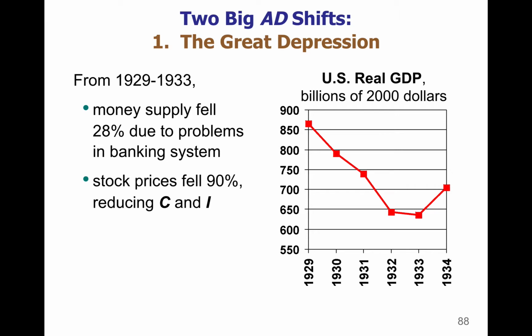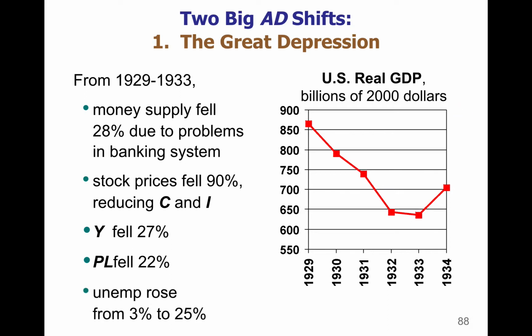Stock prices fell 90%, which of course affects consumption spending and business or investment spending. And real GDP falls 27% in just those 4 years. That also means the price levels are going down as well. So prices deflate 22%. And unemployment goes up to 25%, which is the highest in US history. So this is all within a 4-year time period.